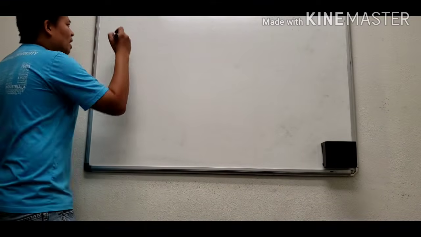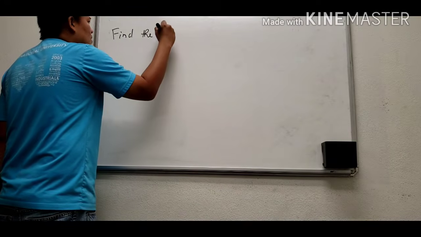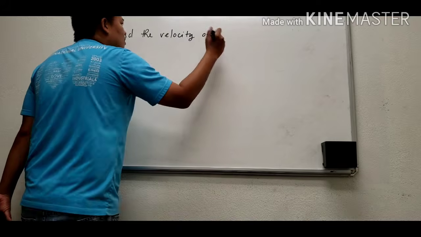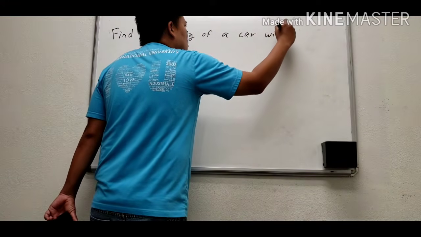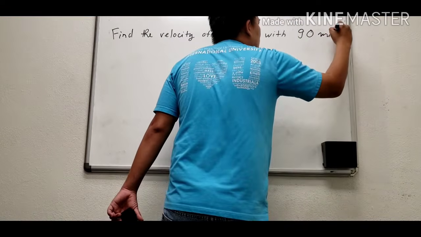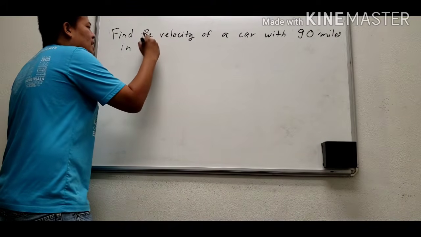The next one is about finding the velocity of a car that travels 90 miles in 9 hours.